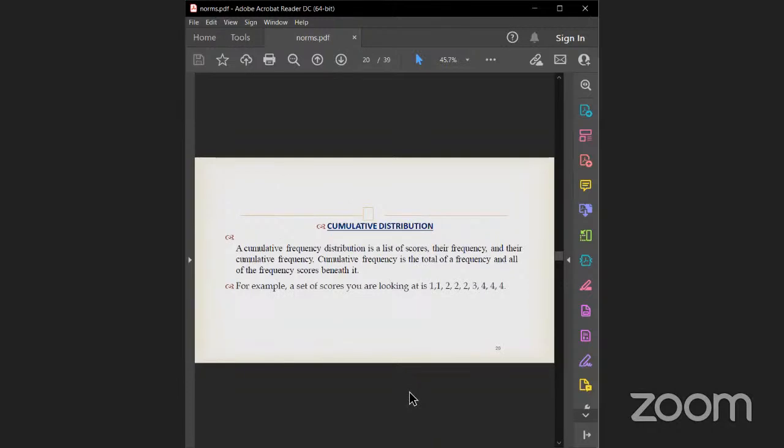So this is a concept that I want to explain to you all again so that we can get a little familiarized with this, so that we can move into the practicum for calculating percentile score. So cumulative distribution. We know something as frequency distribution, right? I hope you're all familiar with that word.